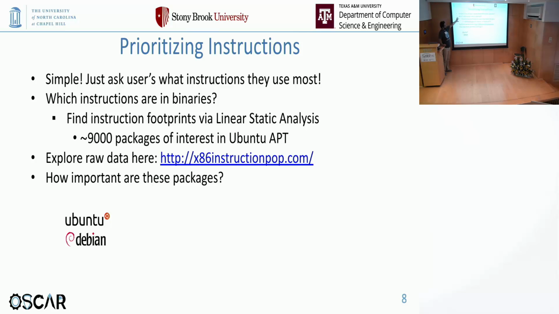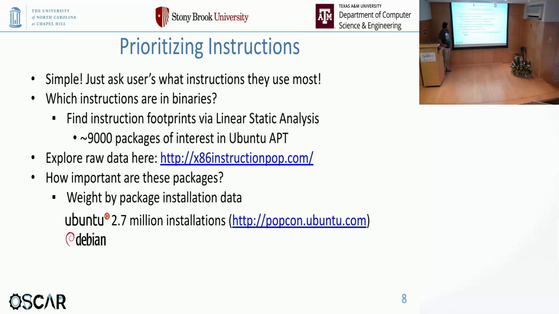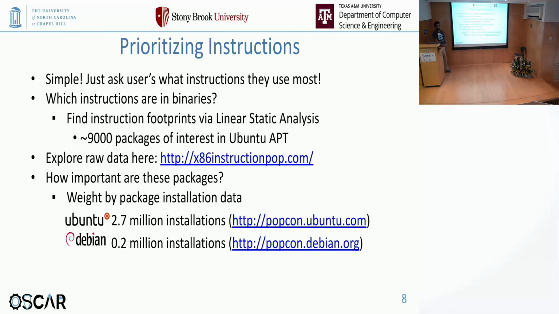And once we had the instruction footprints for each package, you have to figure out whether these packages are uniformly important to all users. To figure that out, we took advantage of data that's being collected by both Ubuntu and Debian. There are about 3 million installations that we draw from.